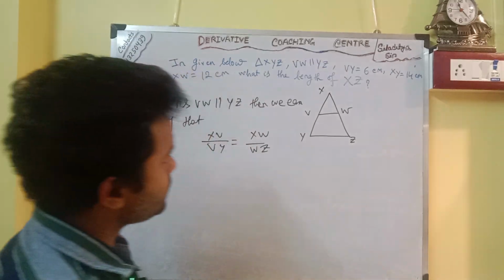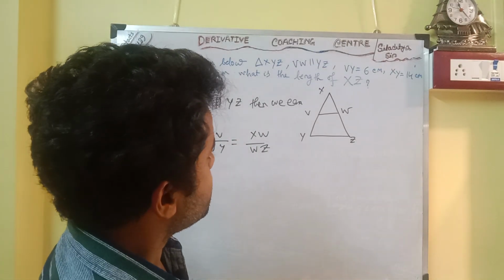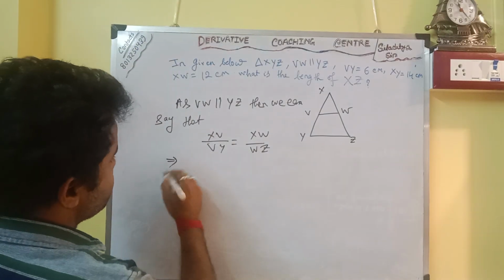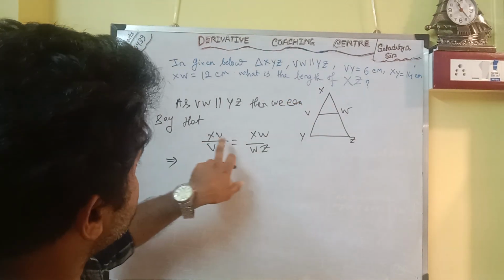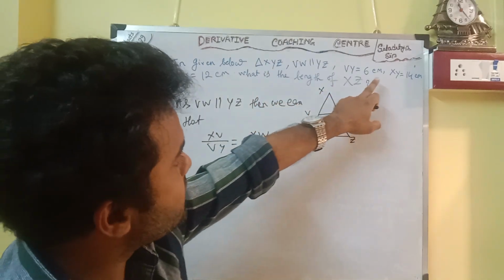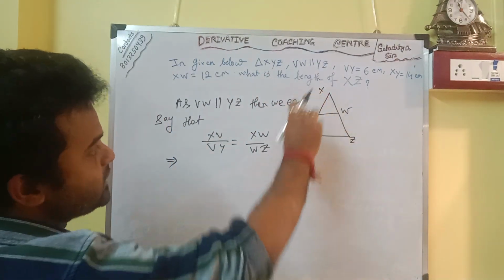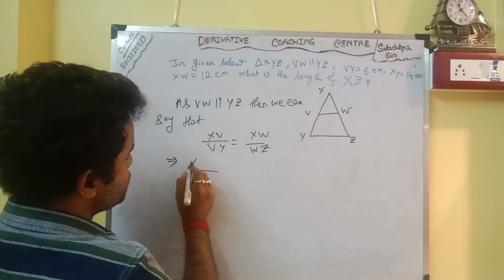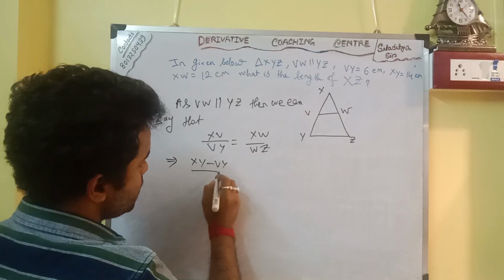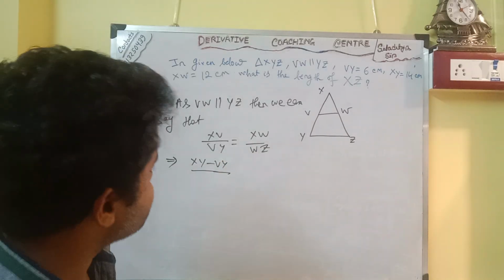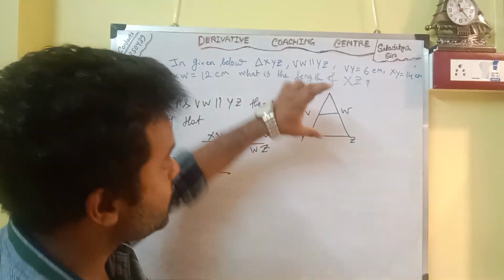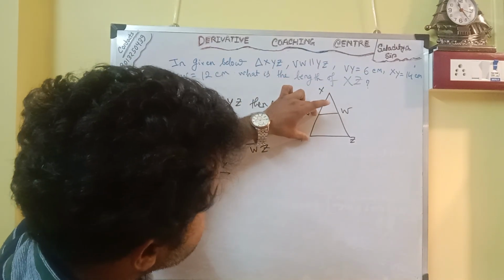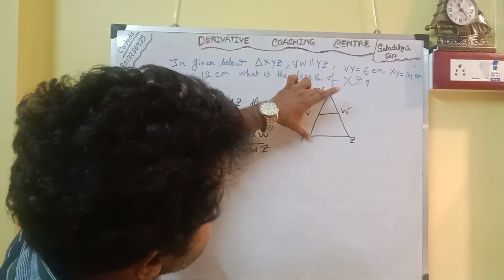Now XV is not given, the length of XV is not given, but VY is given. So we can say XV equal to XY minus VY. From the figure, you can say that XV is XY minus VY. Subtract this length VY from this XY, then we'll get the XV.